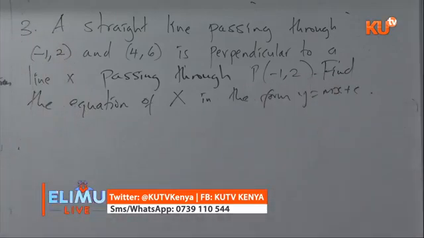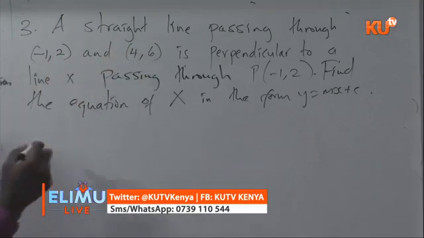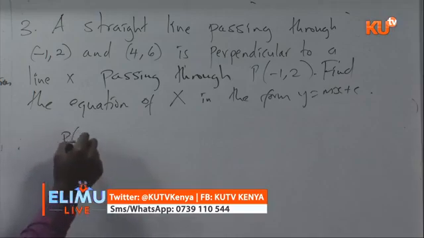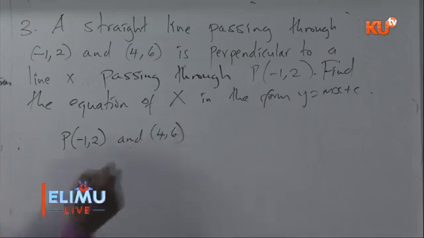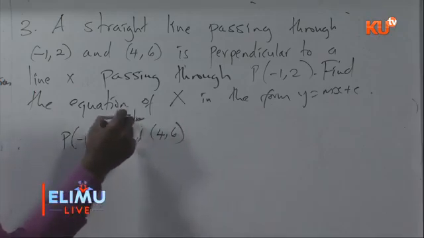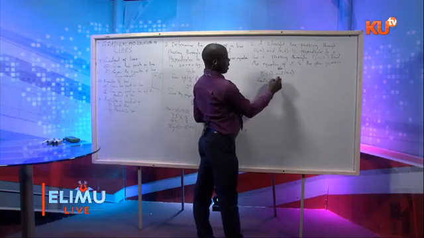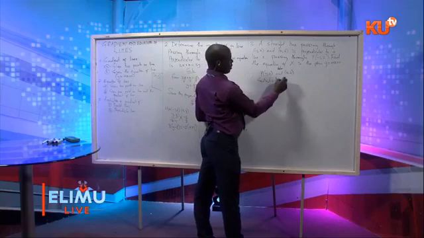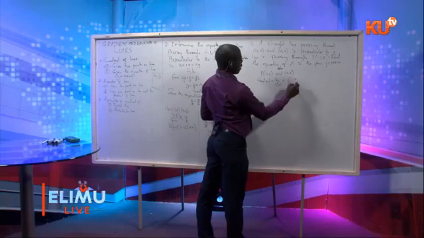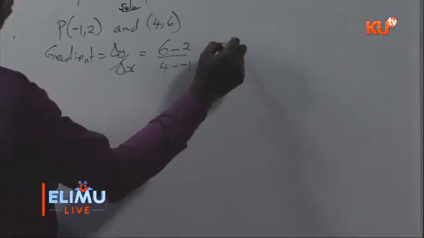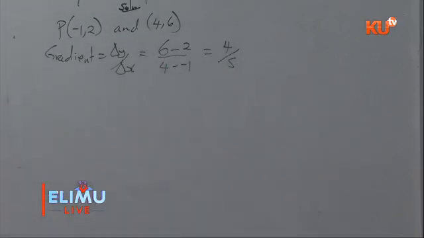So we'll start with the two given points, the point P, -1, 2, and the other point 4, 6, so that from these 2 points, we can obtain the gradient, which is the change in y over the change in x. So we'll take (6 - 2)/(4 - 1). That will give us 4 over 5. That is the gradient given the 2 points.